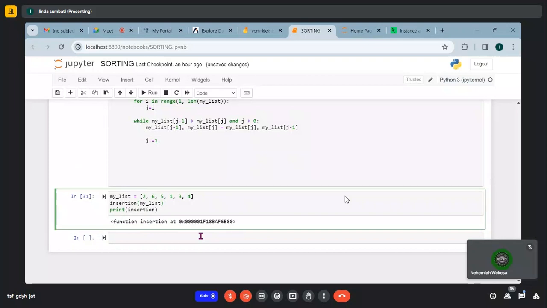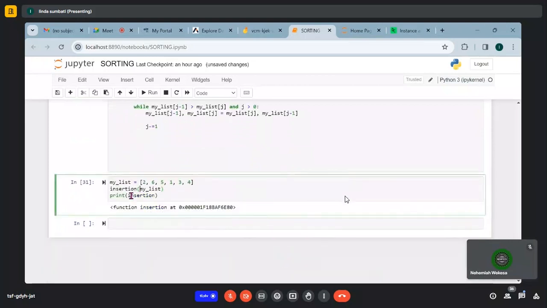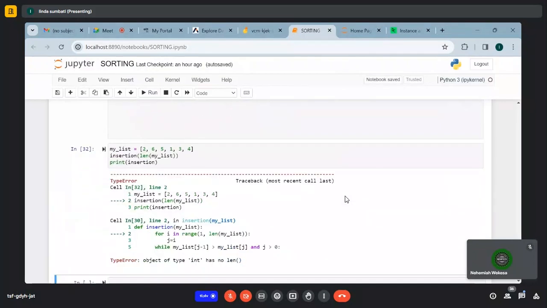Are you not supposed to put len at my list? Yes, where your cursor is blinking. I need to put len, L-E-N. Are we not supposed to include it here? I don't think so, but let's investigate it, because here we just want to print.